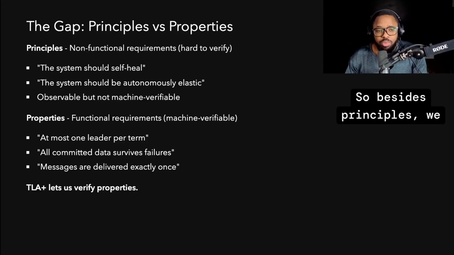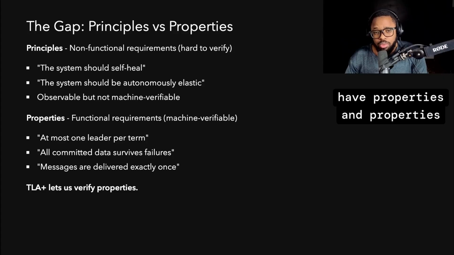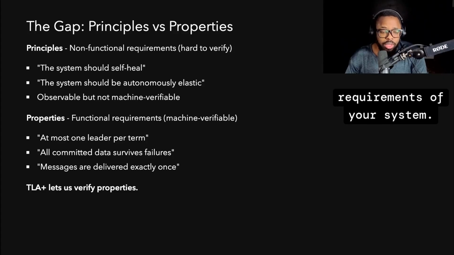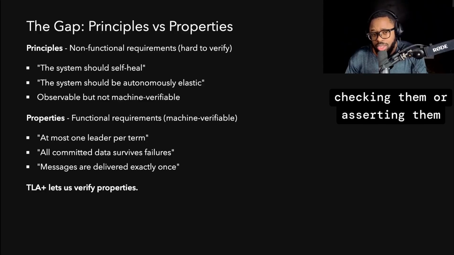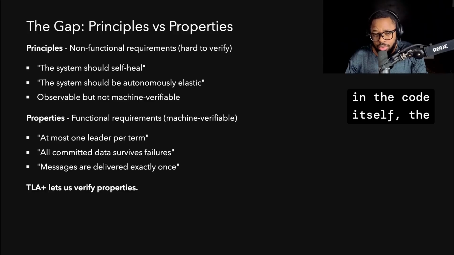So besides principles, we have properties, and properties really are the functional requirements of your system. And those are things that you can pretty readily identify by specifically checking them or asserting them in the code itself, the implementation details.